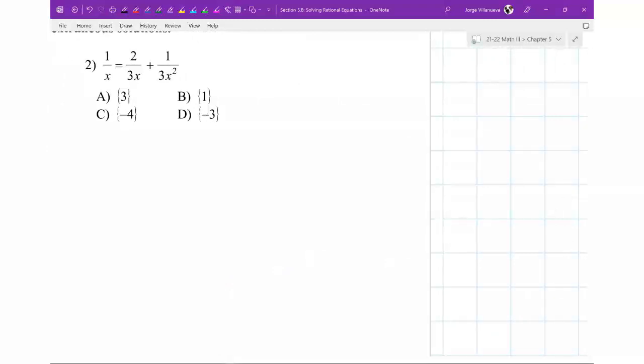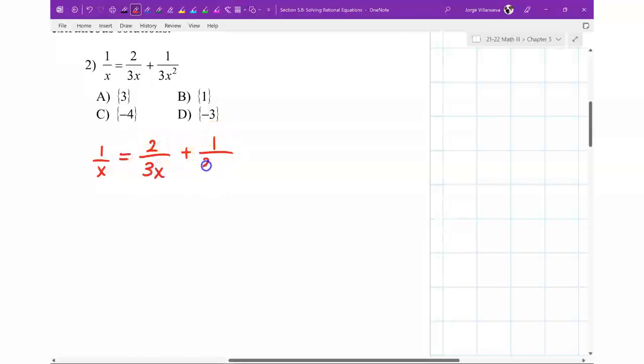The key is you finding the common denominator between all those denominators. Okay, so here we go. The problem that we have is 1 over x equal to 2 over 3x plus 1 over 3x squared. Okay, so let me just list all of my denominators.